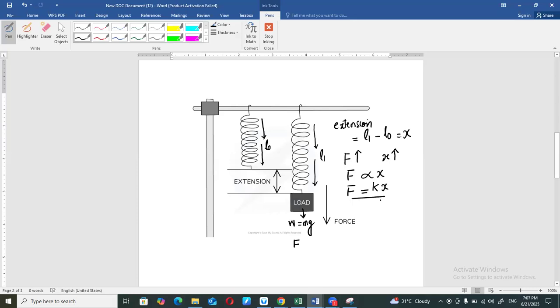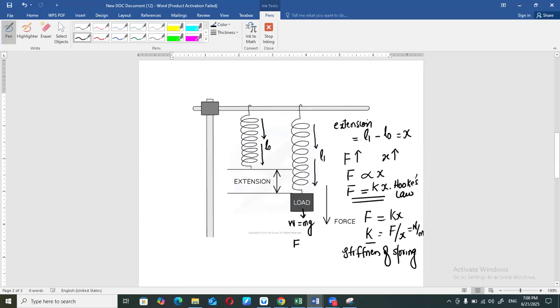So you will have the formula F is equal to K x, where K is equal to force upon x, which is Newton per meter. What is this K? We call this the stiffness of a spring. This law which I'm talking about is called Hooke's law.